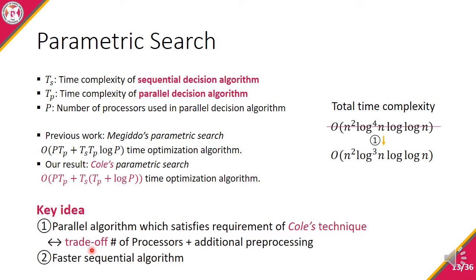We also design a faster sequential decision algorithm than previous results. Finally, we can get a deterministic optimization algorithm that runs in the following time. Now, I'm going to explain what a decision algorithm is and the key points of our sequential decision algorithm and parallel decision algorithm.